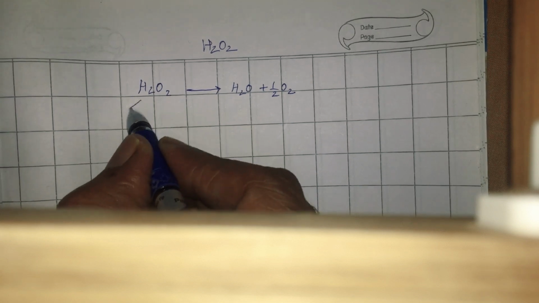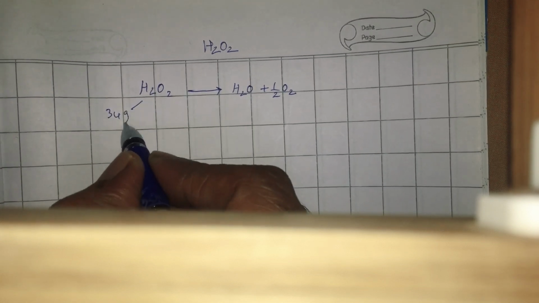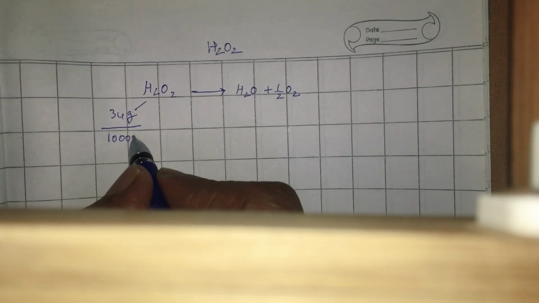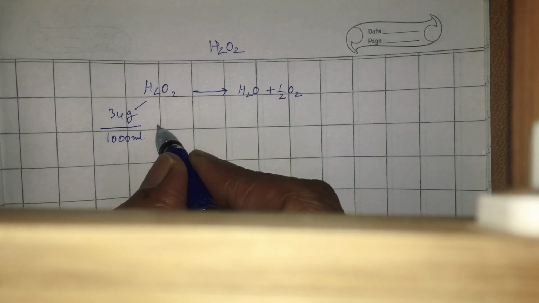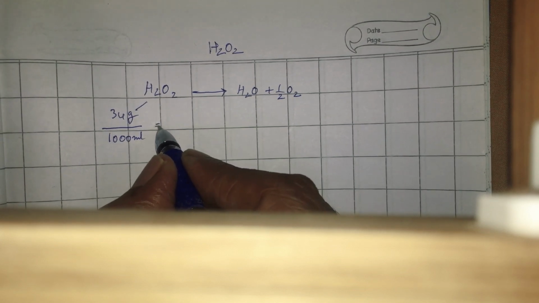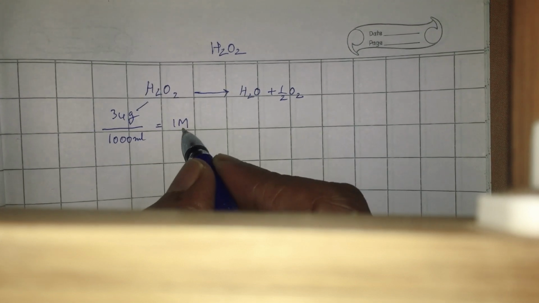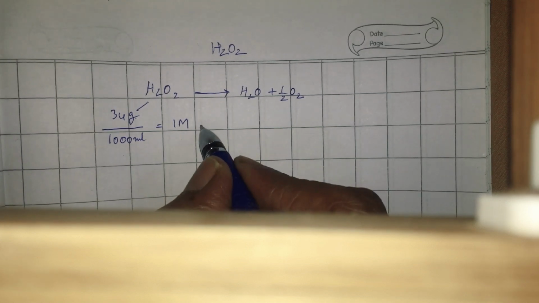Therefore, if you dissolve 1 gram molecular mass of H2O2, that is 34 grams, in 1000 ml aqueous solution, that is water solution, obviously it is 1 molar solution because number of moles dissolved in 1 liter is called molarity.